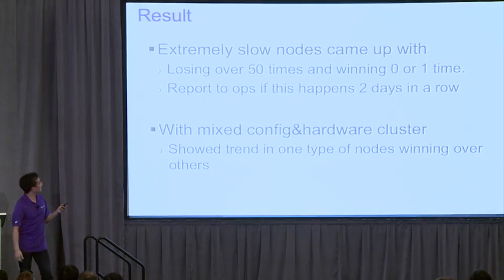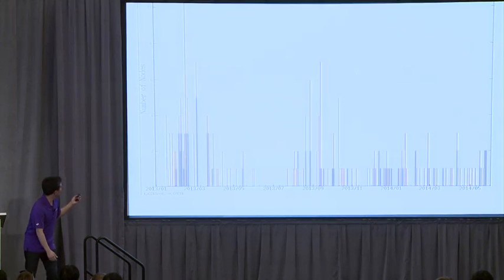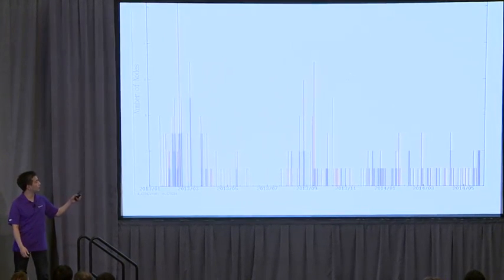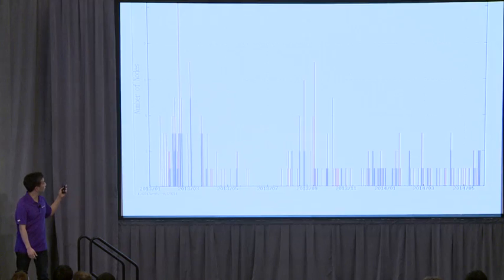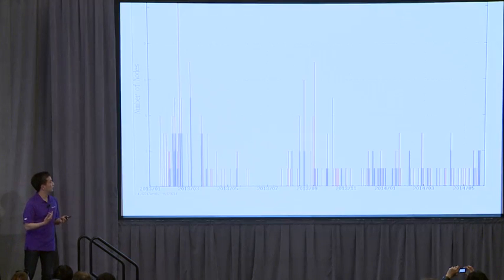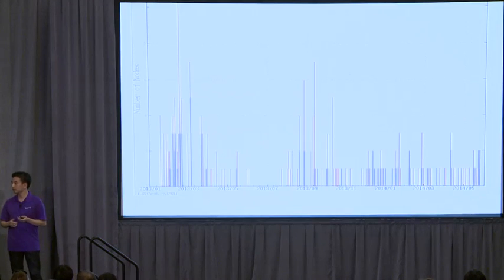So this graph shows I started doing this in January 2013, and the red one shows the new nodes that I reported to them, and the blue one shows any nodes that were previously reported. So ops somehow added back those slow nodes.